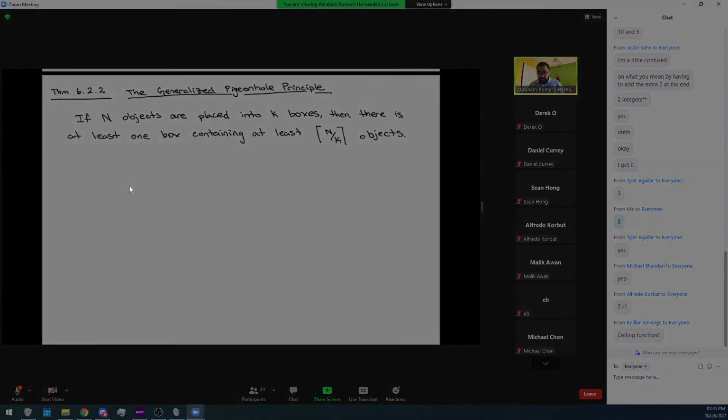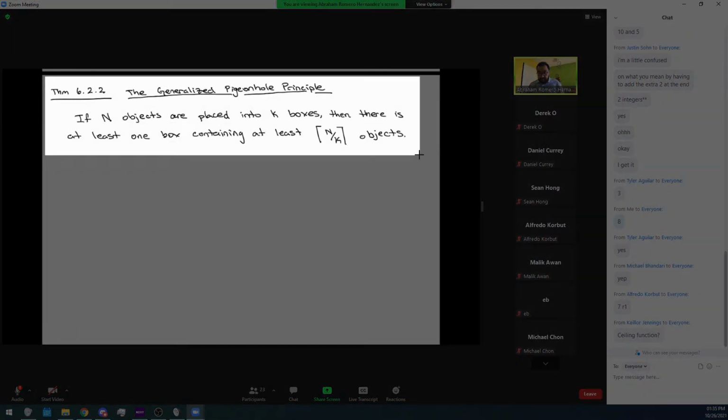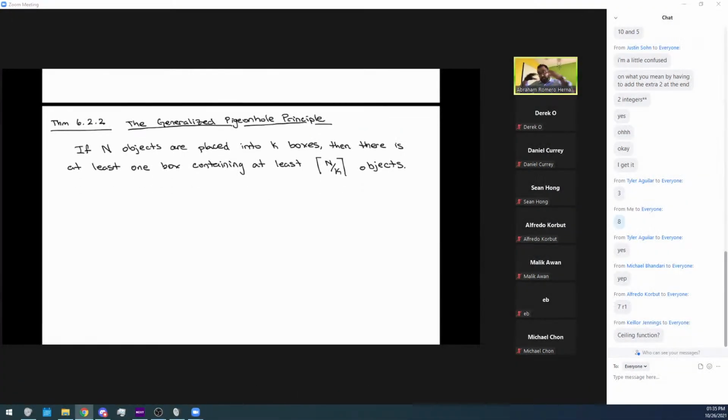And that does make sense. With the last example that we did with the 50 balls and 7 boxes, there's going to be at least one box that contains at least N divided by k objects. Even if you decided, okay, I'm going to make sure each box has at least one ball in it, and then I'm just going to select a box at random and put all the rest of the balls in there, in the end it's going to have at least N divided by k objects.